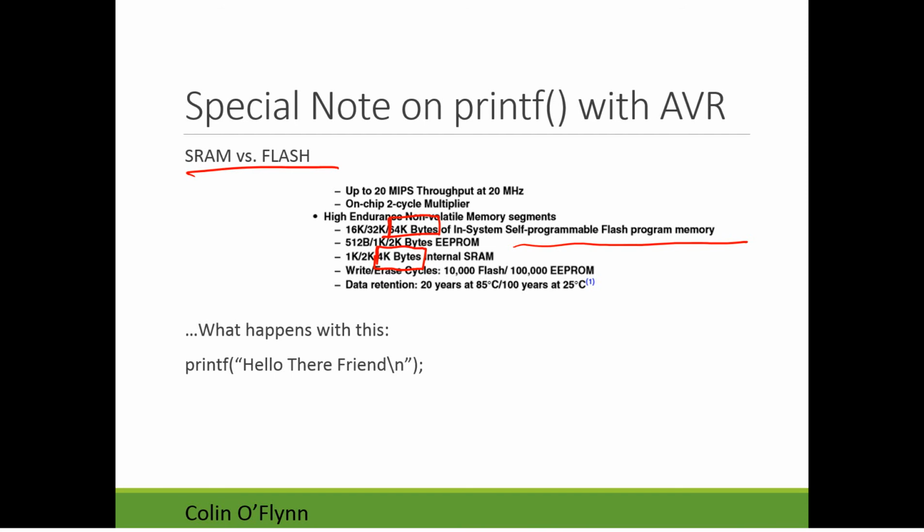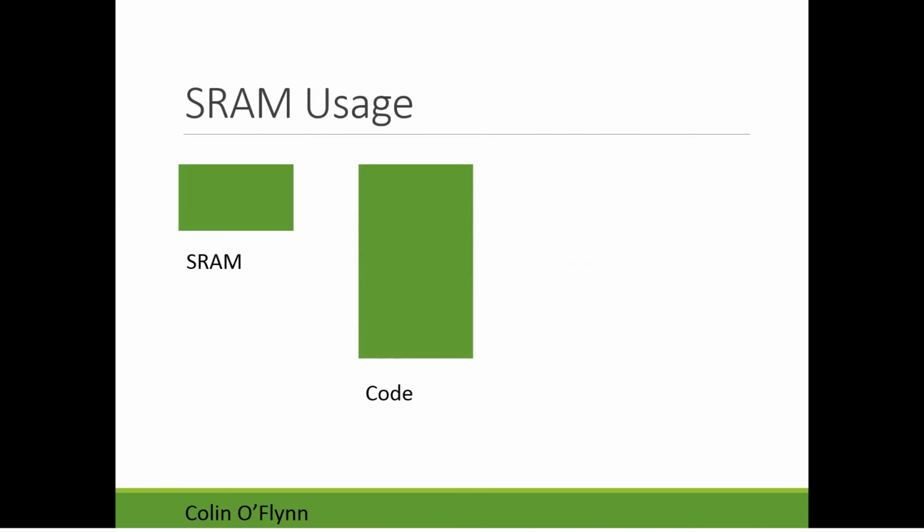The only caveat is that if you do stuff like this, so if I say printf and some string, what the compiler is actually doing is it stores, in the code memory, this is good, in addition to the code, the printf instruction and all that stuff, the hello there, my friend. So this string.